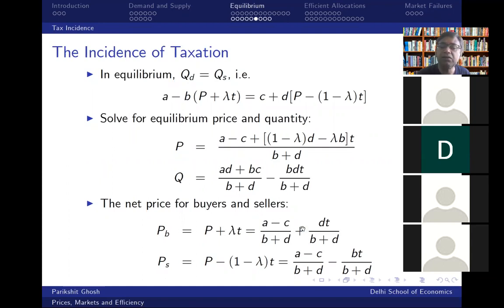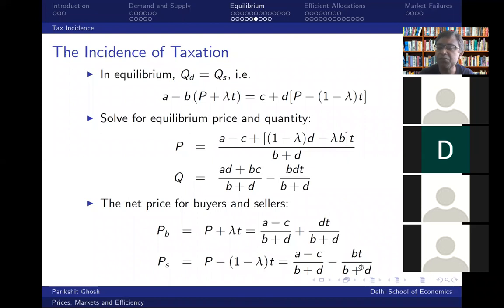Now, when the tax is introduced, look how the prices shift. So buyers essentially end up paying D divided by B plus D, this fraction of the tax. Every time you increase the tax by $1 or a rupee, the effective price paid by the buyers goes up by this fraction, the coefficient in front of T. And the effective price received by sellers goes down by this fraction.